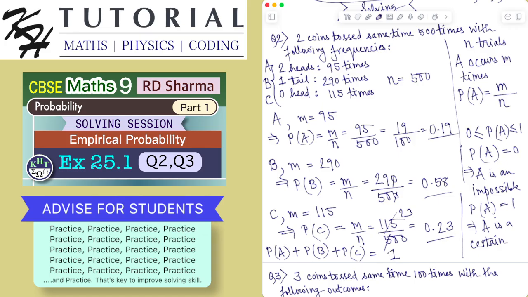If in this problem, for the three events, the sum of their probabilities is coming out to be 1, then it means that if you perform a single trial of the experiment, any of these events is bound to occur. I mean, these are the three possible outcomes of the experiment.